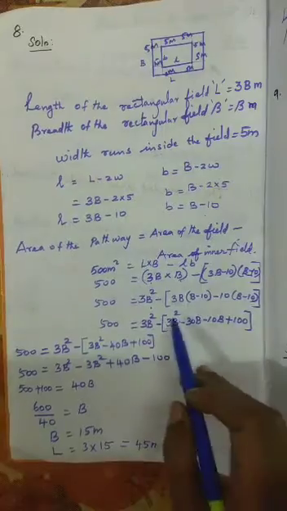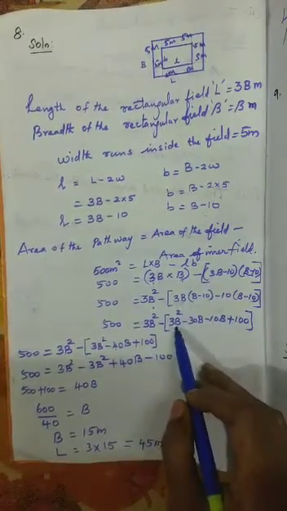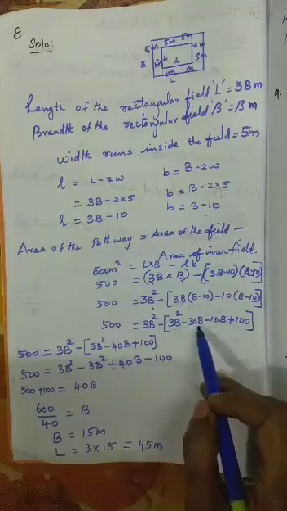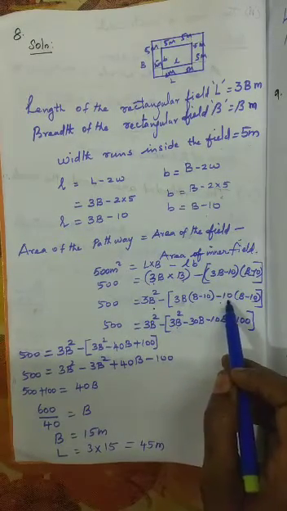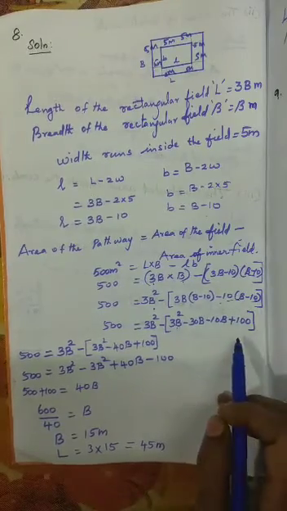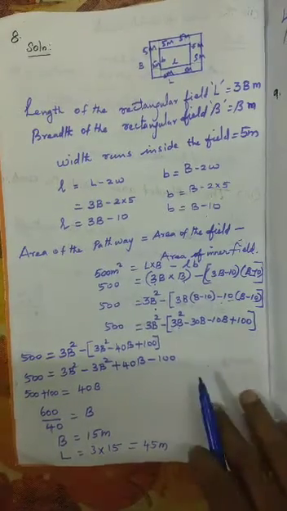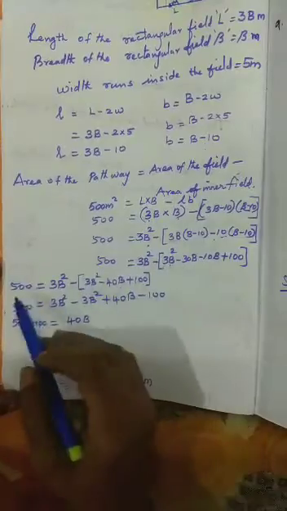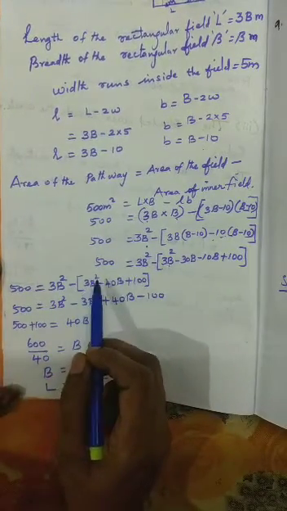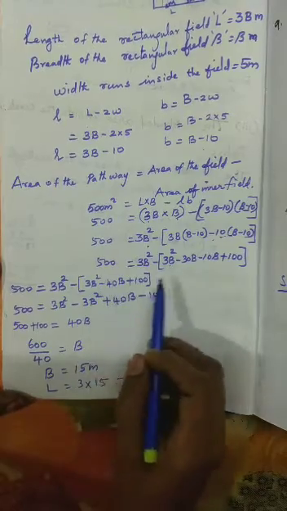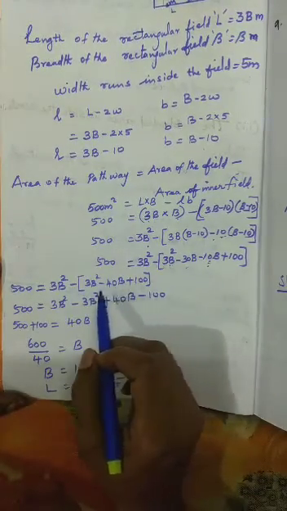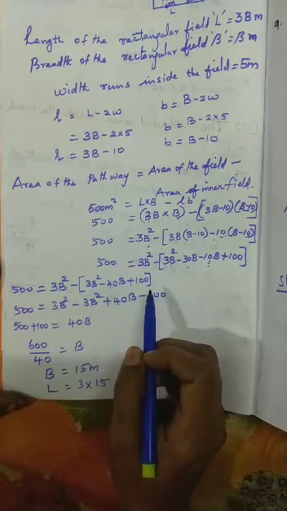Now you solve this. 3b into b is 3b square, minus 3b into 10 is 30b, minus 10 into b is minus 10b, minus 10 into minus 10 is plus 100. Okay, so now 500 is equal to 3b square minus 3b square minus 40b, 30b minus 10b, is equal to minus 40b plus 100.